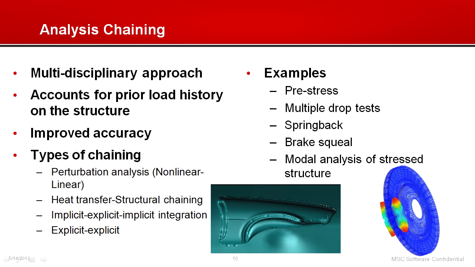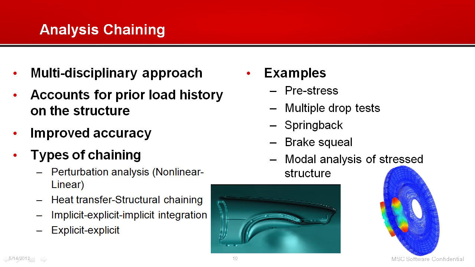In terms of types of chaining, we have perturbation analysis going from nonlinear to linear, heat transfer to structural chaining, implicit to explicit and back to implicit integration, and explicit to explicit chaining. For example, the pre-stress can be done implicitly before any other type of event.